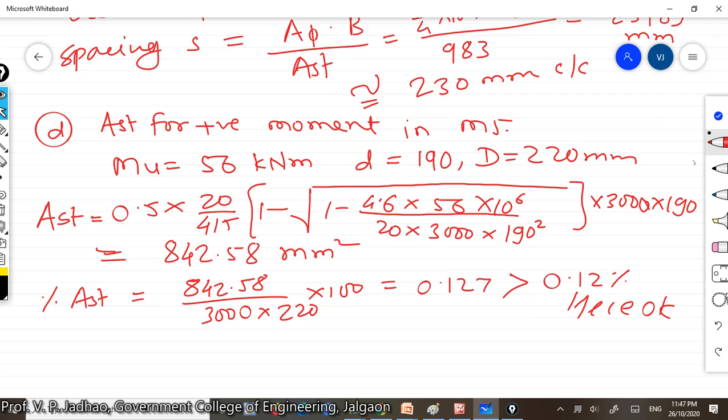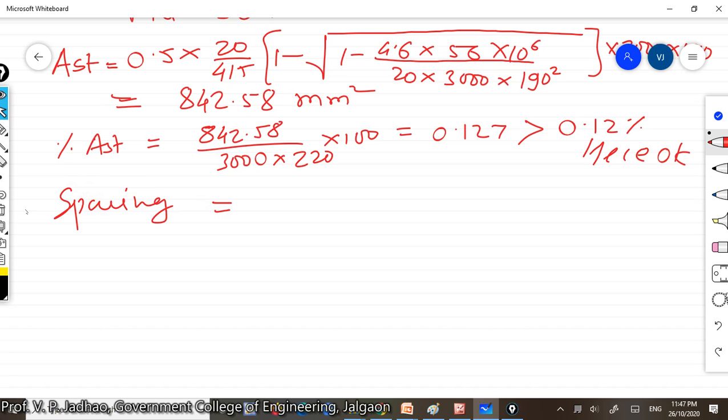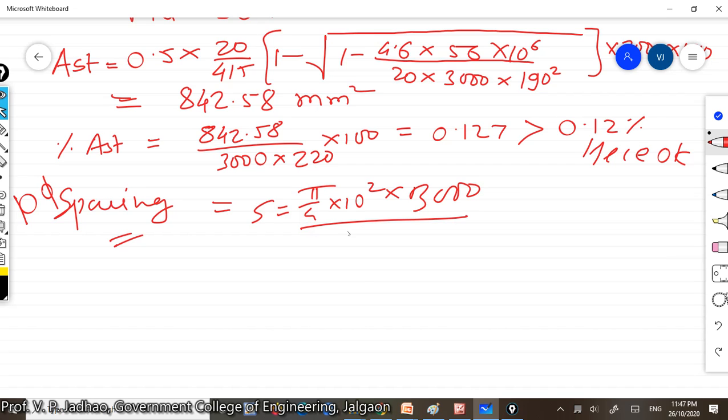Next step is spacing. Let us provide 10 phi bars. Spacing will be given by S is equal to pi by 4 into 10 square multiplied by 3000 divided by AST calculated, that is 842.58. So we get spacing equal to 279.64 mm center to center.